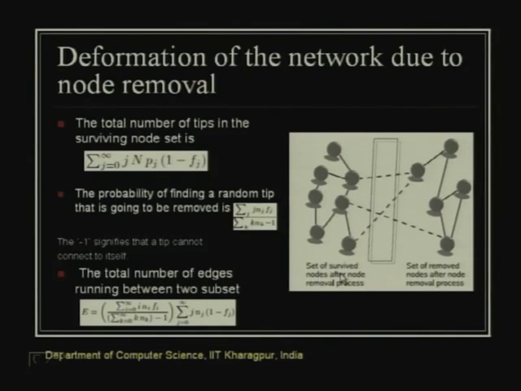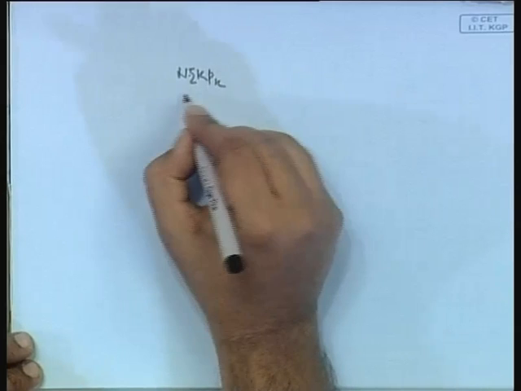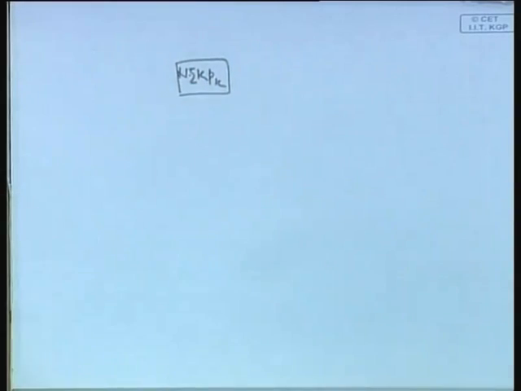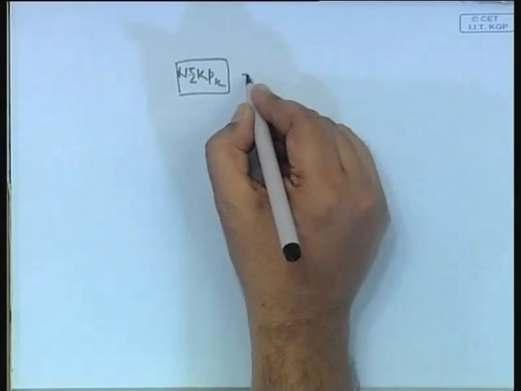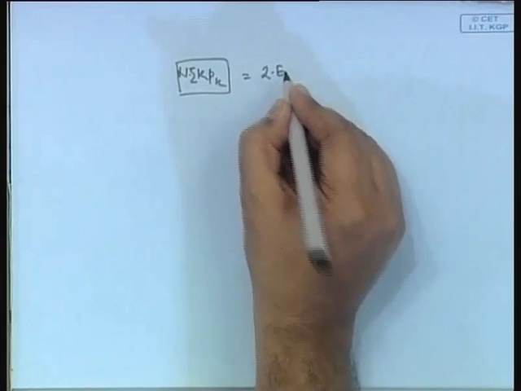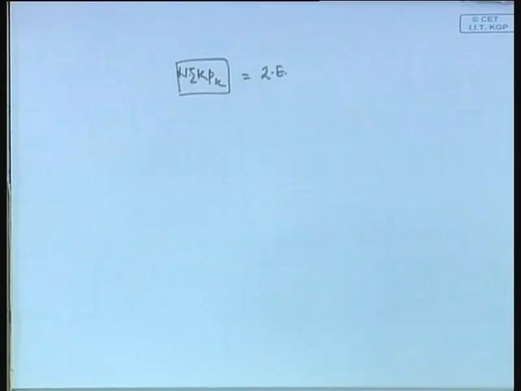Now let us think, what is n into summation of k pk? Tell me. It is 2E. This is not E, just remember this is 2E.